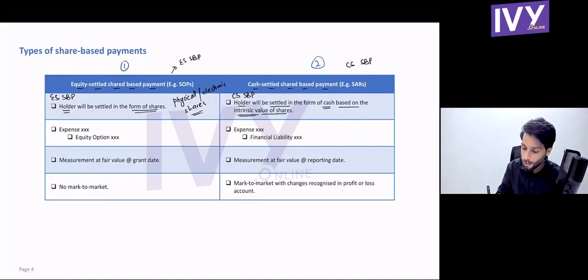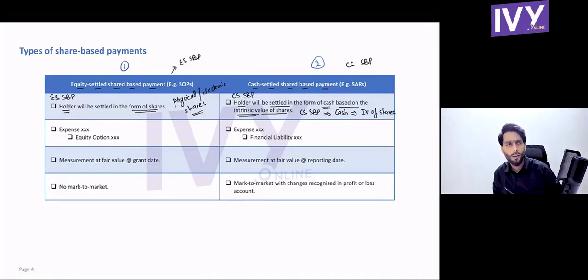Cash settled share-based payment is a type of transaction in which the holder will be settled in cash based on the intrinsic value of shares, intrinsic value of options.